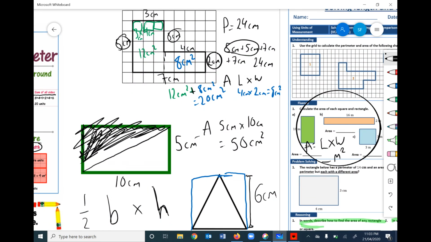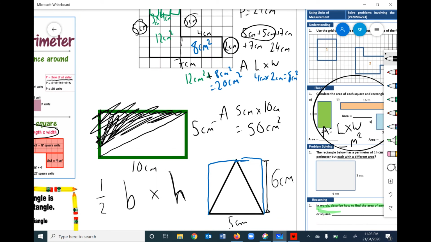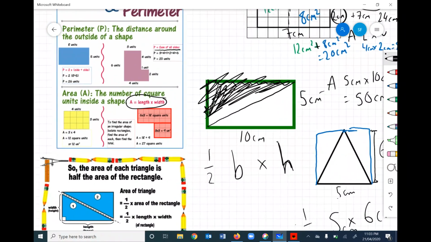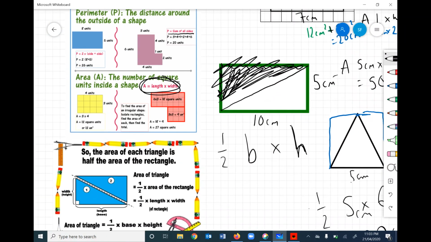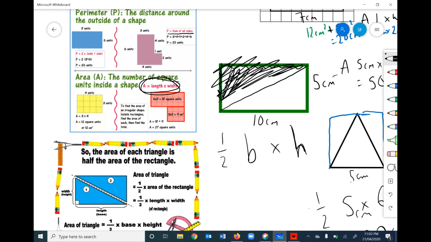We know that working out the area of a rectangle or a square is length multiplied by width. We saw that over here, we looked at that before, and then we worked out that the area of a triangle was half base multiplied by height.